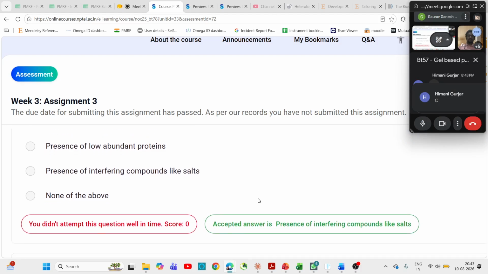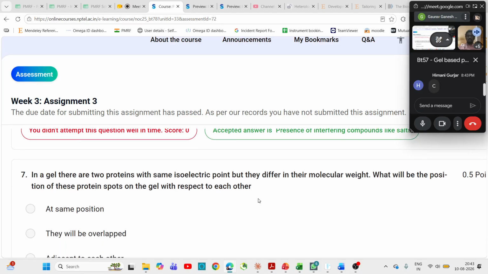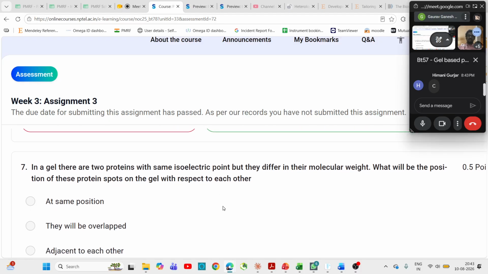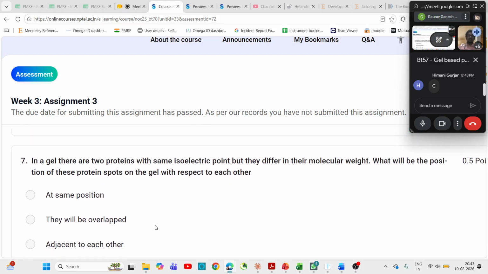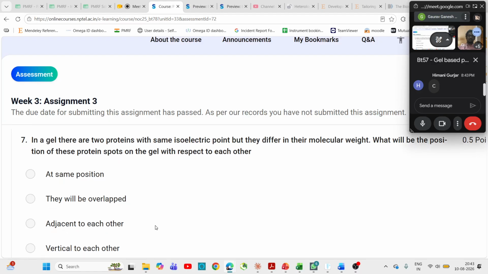So in a gel, there are two proteins with same isoelectric point, but they differ in molecular weight. What will be the position of this protein spot on gel with respect to each other? At same position, they will overlap, adjacent to each other or vertical to each other.